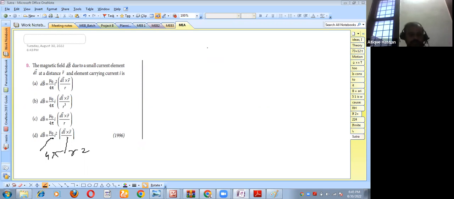Check your formula. Yes, correct answer is B, mu naught I by 4 pi, I dl cross R by R cube. Very simple. This is directly based on Biot-Savart law.